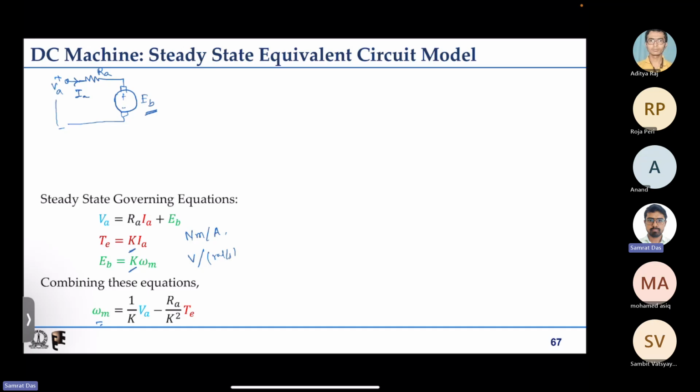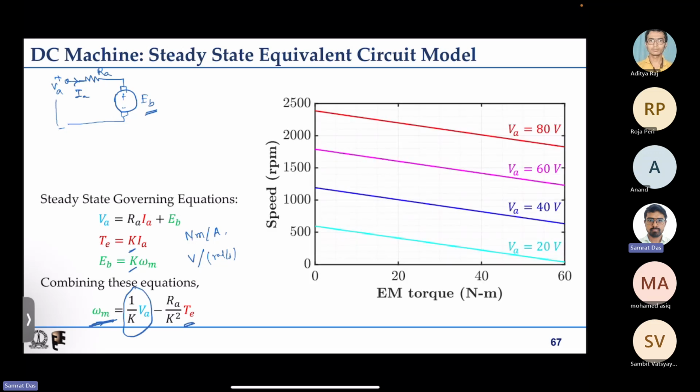So this is the equation that we derive. If we plot omega m along the y-axis and Te along the x-axis, this is the equation of a straight line with an intercept. For different values of armature voltage, these are the motor characteristics.